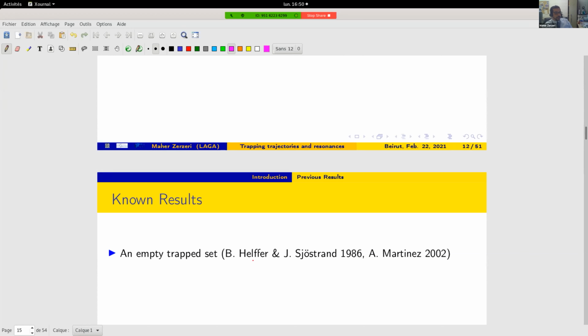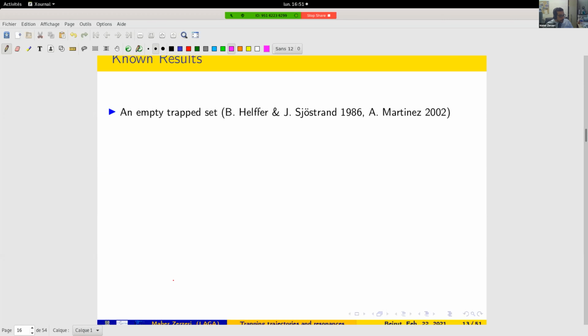So the first result is implicit in Helffer-Sjöstrand 86, and afterwards is proved by Martinez in the setting of non-globally analytic potential. And here it is, in some sense, very simple. We use only the ellipticity of the dilated operator. In what sense?